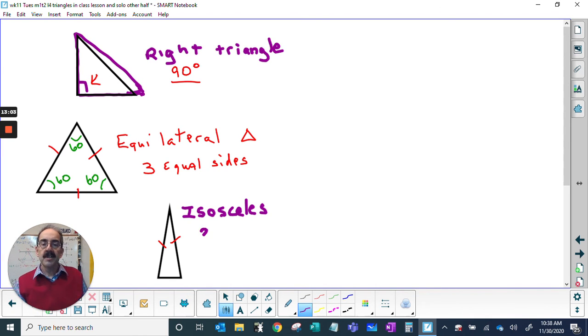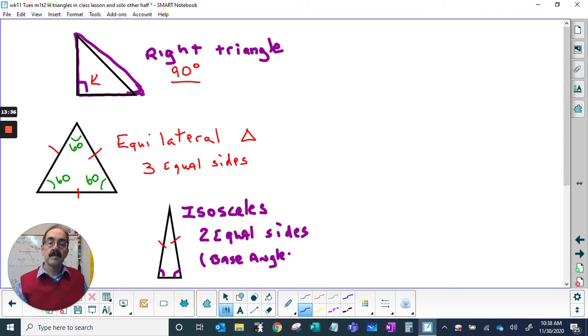Isosceles. 2 equal sides, and the base angles have to be equal for that to be true. Base angles equal.